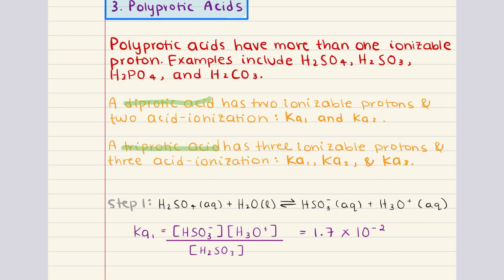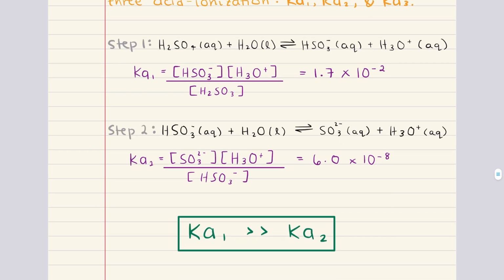Now, let's focus on diprotic acids because they provide a simple example that helps us understand how polyprotic acids behave in solution. So let's take a look at sulfurous acid as an example. Sulfurous acid has 2 ionizable protons, and it ionizes them in 2 distinct steps.